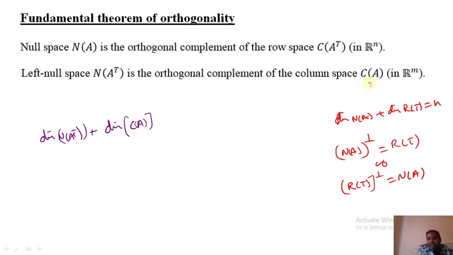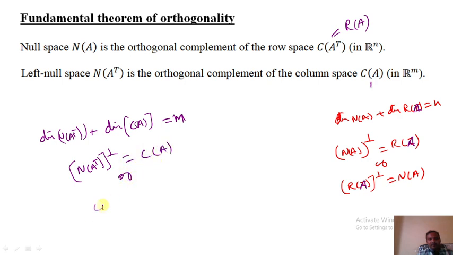This column space you can write as R of A. This is R, this is M minus R, and we get M. That means the null space of A transpose is the same as the orthogonal complement of the column space of A, or you can say the column space of A perp is the null space of A transpose. That means the null space is always orthogonal to the row space.